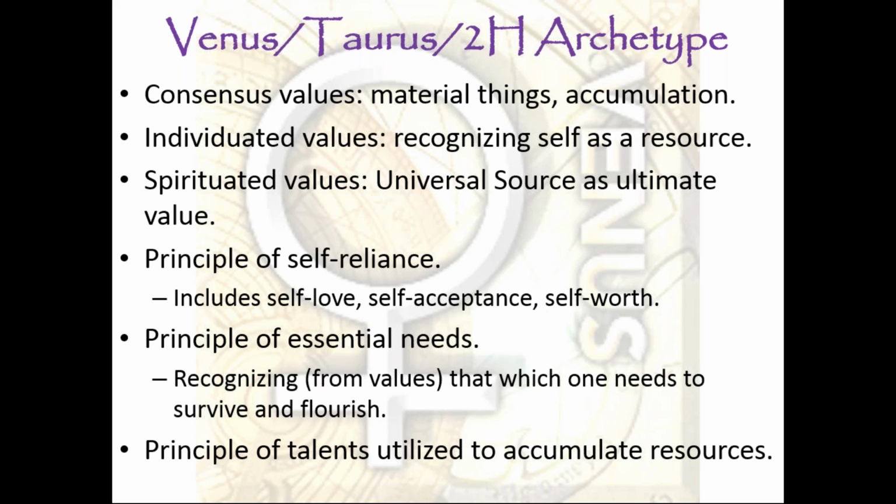Venus. It is also the principle of determining what our essential needs are, recognizing what we need and desire from our values. As we looked at consensus, individuating and spirituating values from above, Venus equals values. And if it's important for you to have a fancy new car, you're going to value that.